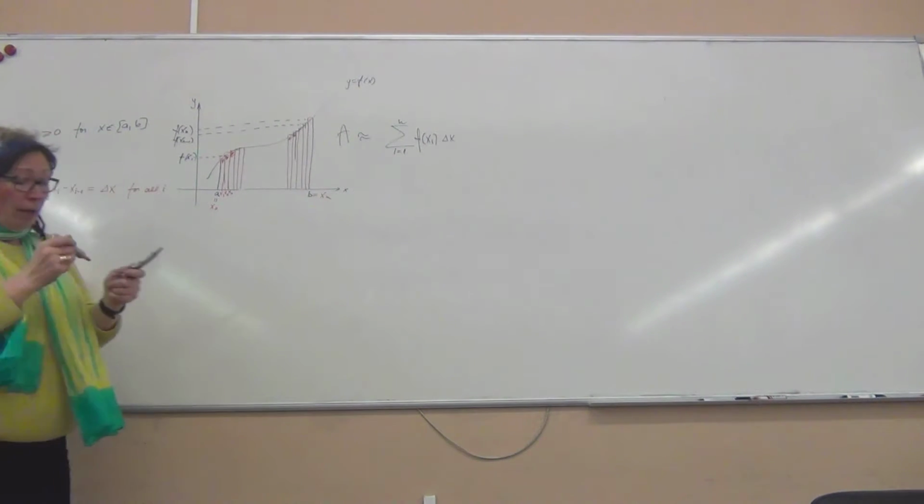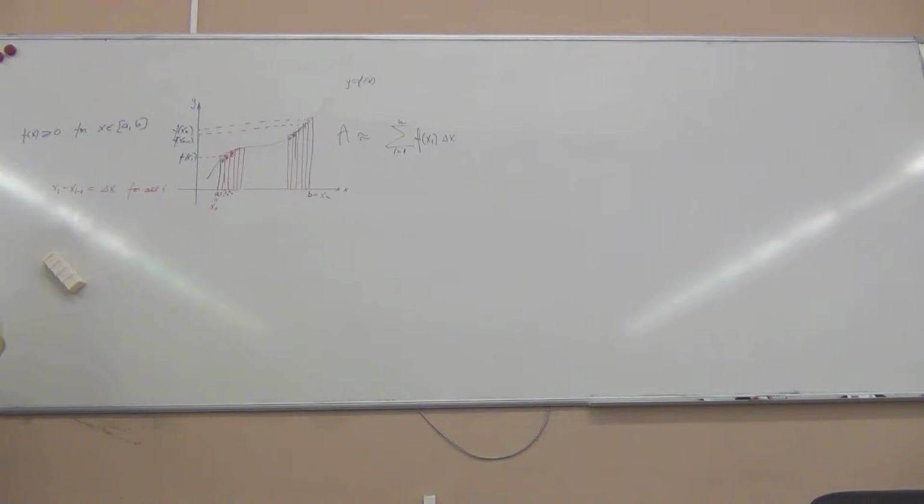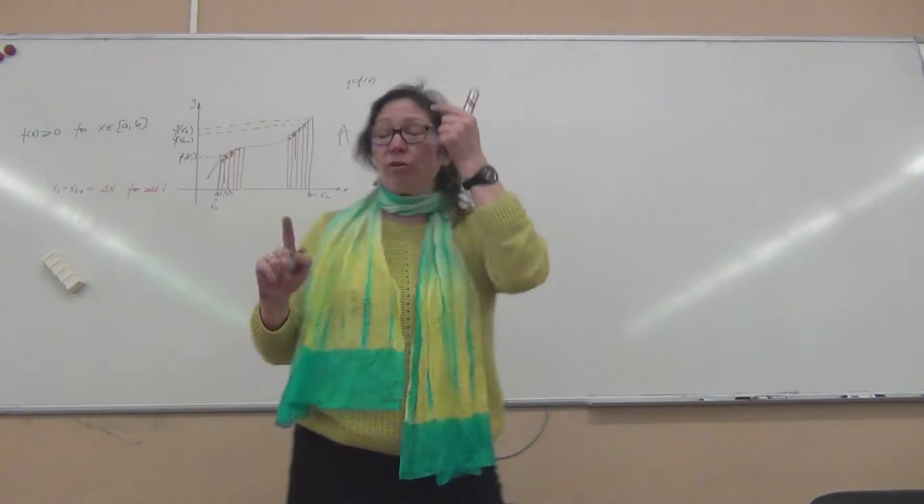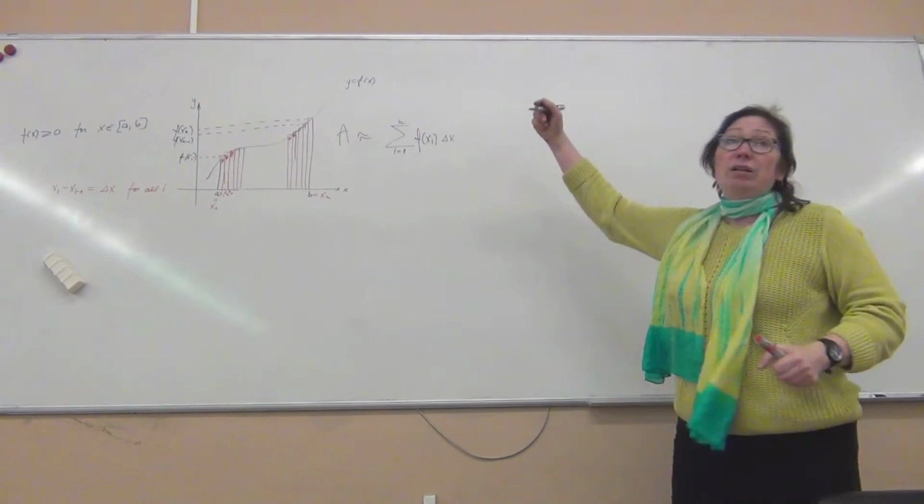But the interesting thing is, as we make the delta x become smaller and smaller, the difference, of course, becomes less and less. And in the end, when we take the limit, they will tend to the same value. And therefore, I'm only considering one of these sums.